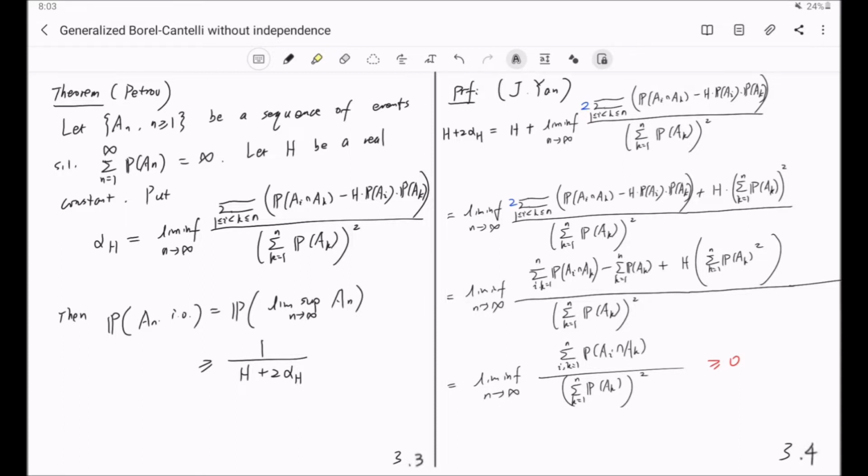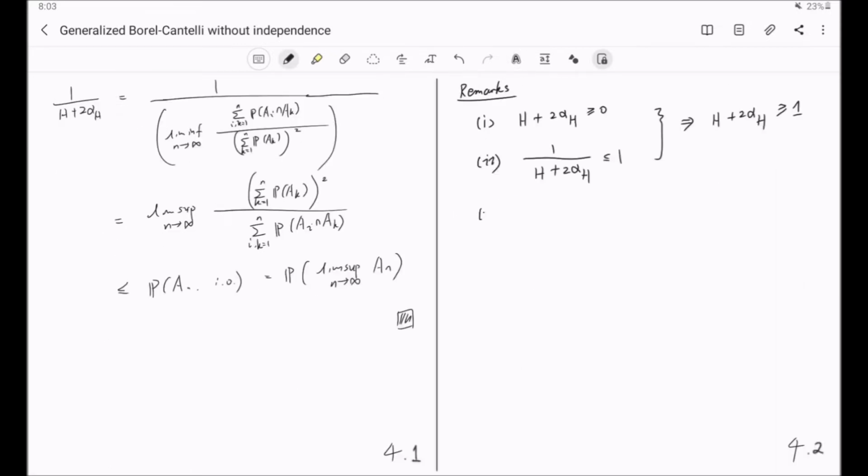However, on the other hand, if alpha of h turns out to be non-positive, if alpha of h is less than or equal to 0, then we have h is greater or equal to 1 by the first two parts of this remark.